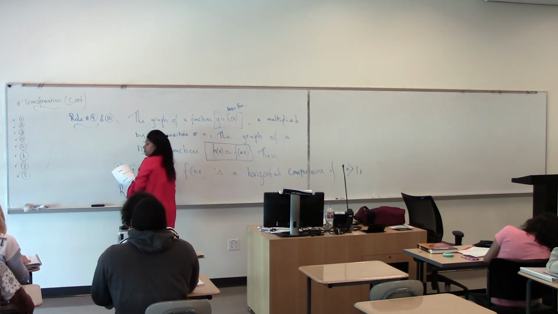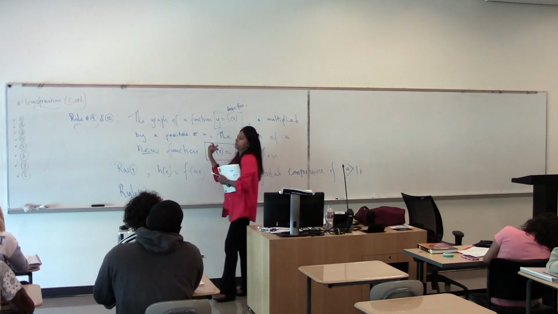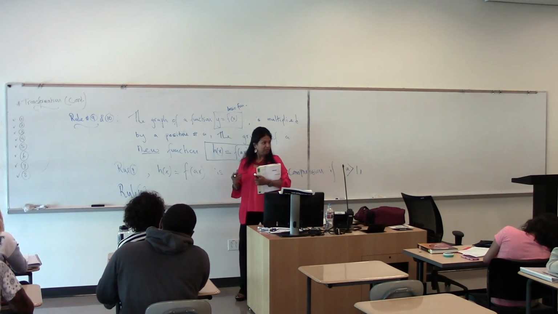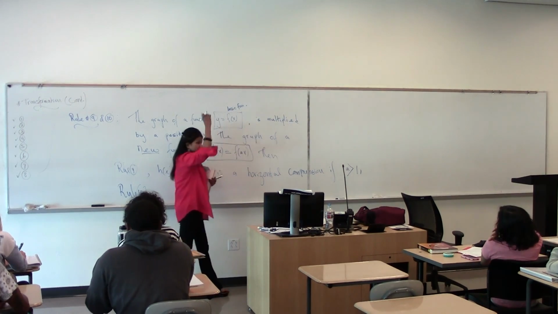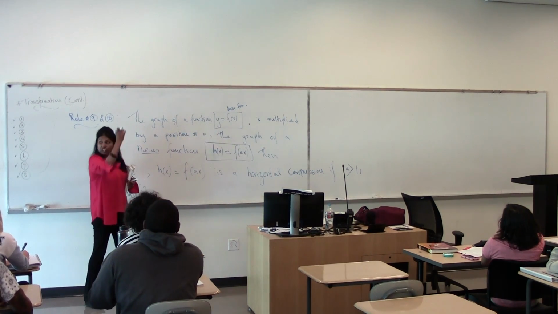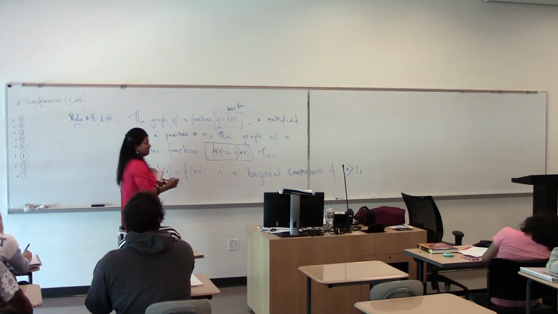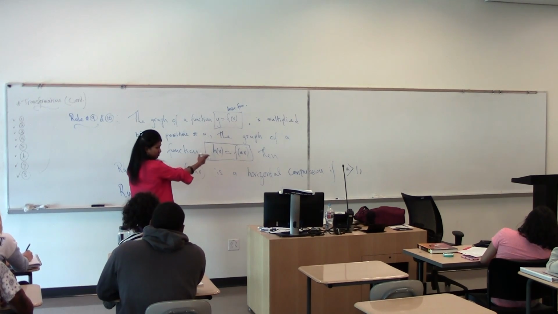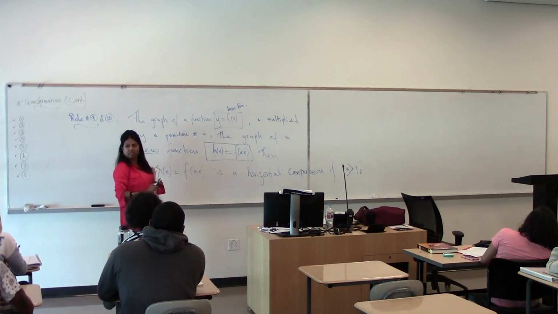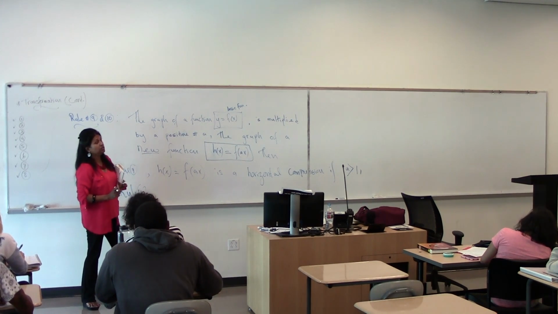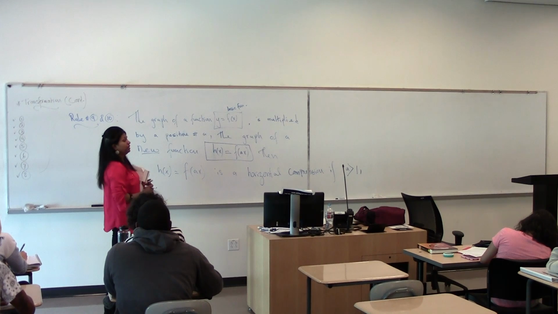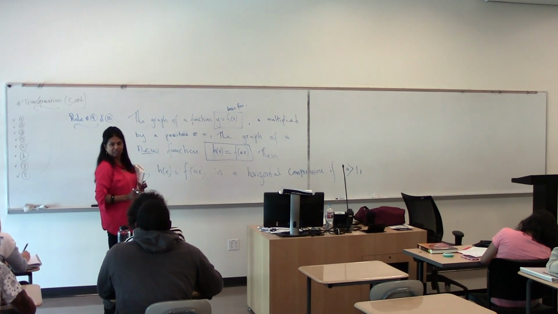This is the opposite of the other, right? If a is greater than 1 when it's outside, we get vertical stretch. Now we get horizontal compression when a is greater than 1. So it's the other way, because now we are going to work with the x coordinate, not with the y coordinate.